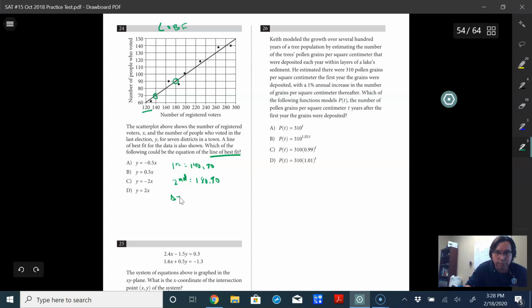And so we want to do the change in y over the change in x. We do know this is a positive slope, so it eliminates A and C automatically. And so 90 minus 70 over 180 minus 140. And we're going to see if we get 20 over 40, or essentially 1/2. And so that confirms B is the answer choice and not D.